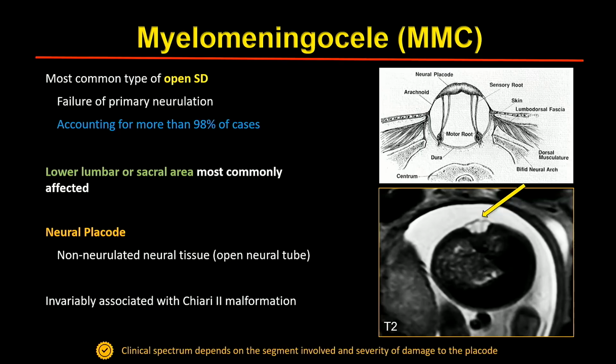So if you imagine this plate had to become a tube, the surface which is exposed should have been the internal surface of the central canal of the cord. So this ependymal surface, which should be the central canal, is exposed to the amniotic cavity and gets damaged. Most of these patients are associated with Chiari 2 malformation, and the clinical spectrum depends on the length of involvement and the damage to the placode.